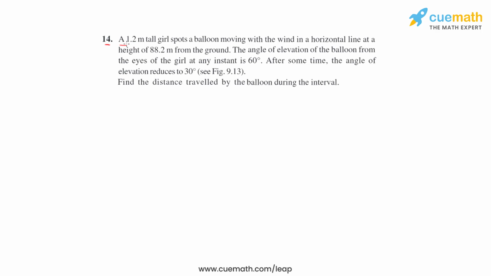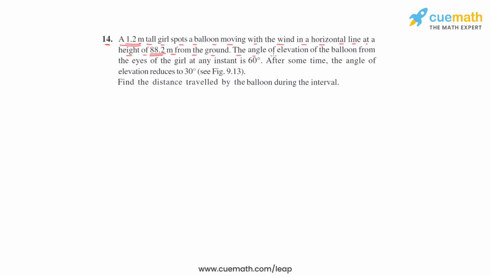14th question. A 1.2 meter tall girl sports a balloon moving with the wind in a horizontal line at a height of 88.2 meters from the ground. The girl is 1.2 meters tall and the height of the balloon from the ground is 88.2 meters, and the balloon is moving horizontally with the wind.